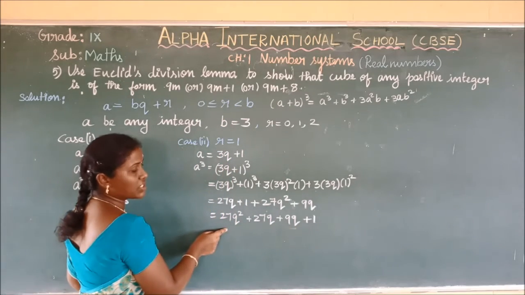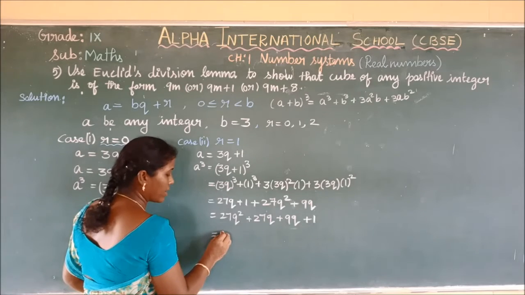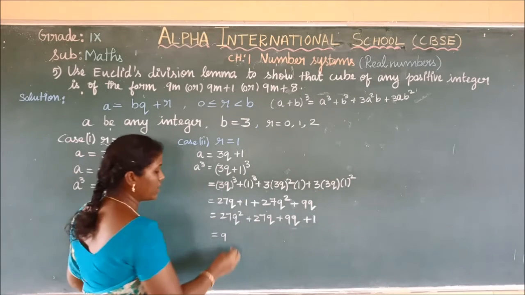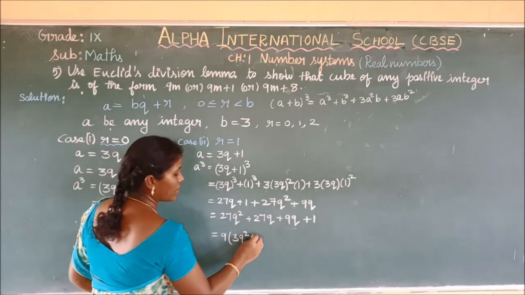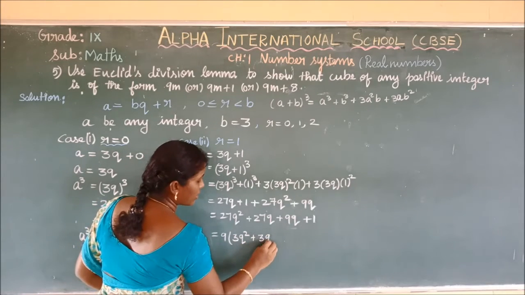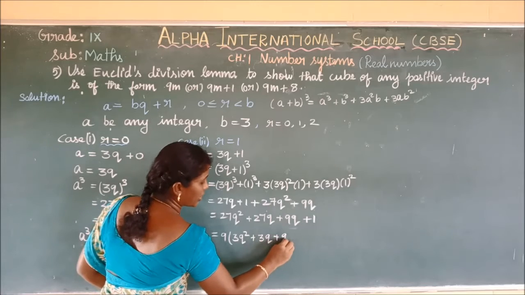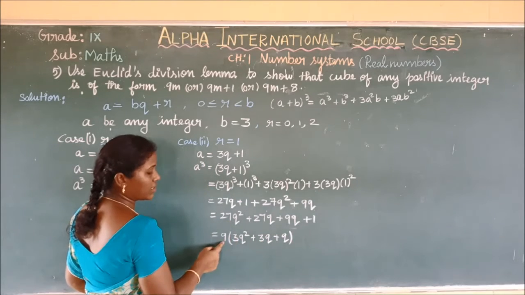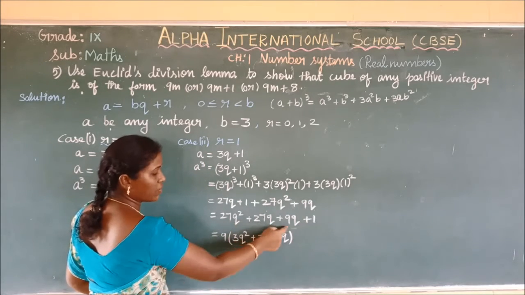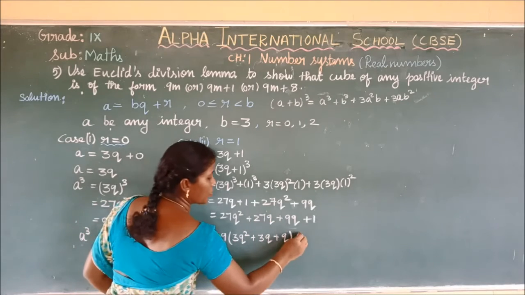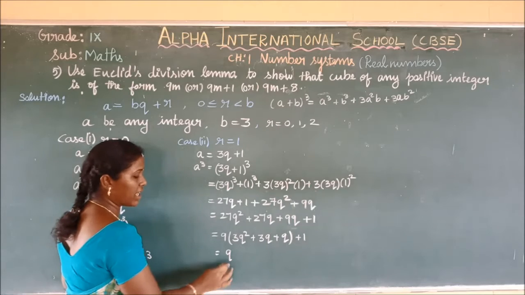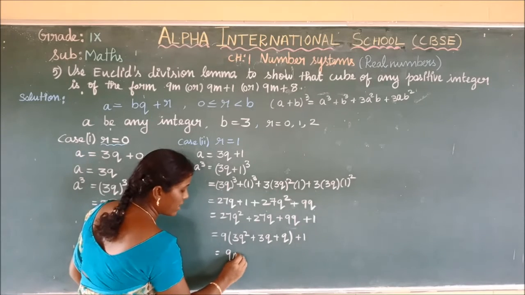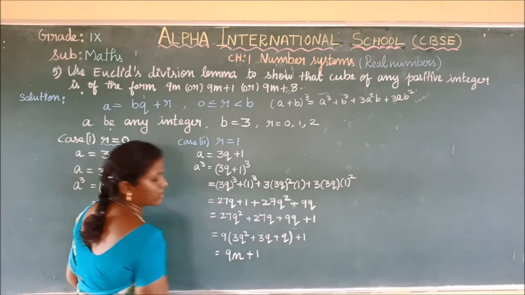If you see the first 3 terms, we can take 9 common. If I take 9 common, we have 3q cube plus 3q square plus q, because 9 into 3 is 27 and 9 into 3 is 27, and 9 into 1 is 9. So this can undoubtedly be written as 9m plus 1.